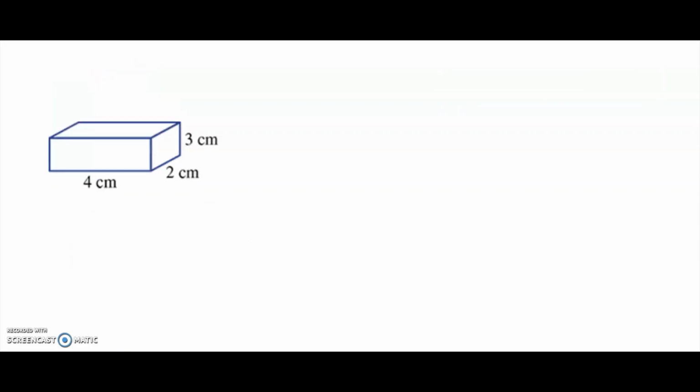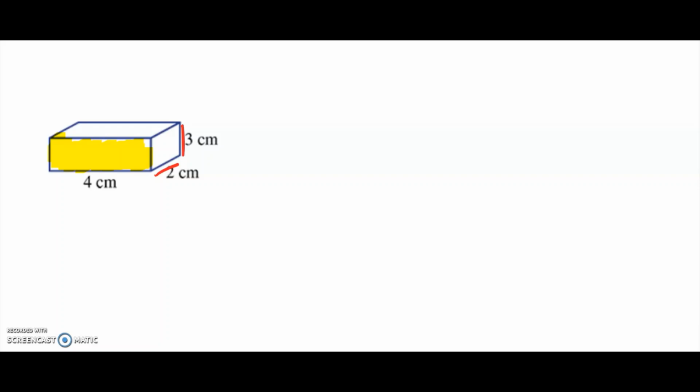Here we have another example of a rectangular prism. You can see that we have our face, which is this one here, and then that is being stretched out by 2 meters, and it's also 3 meters tall.